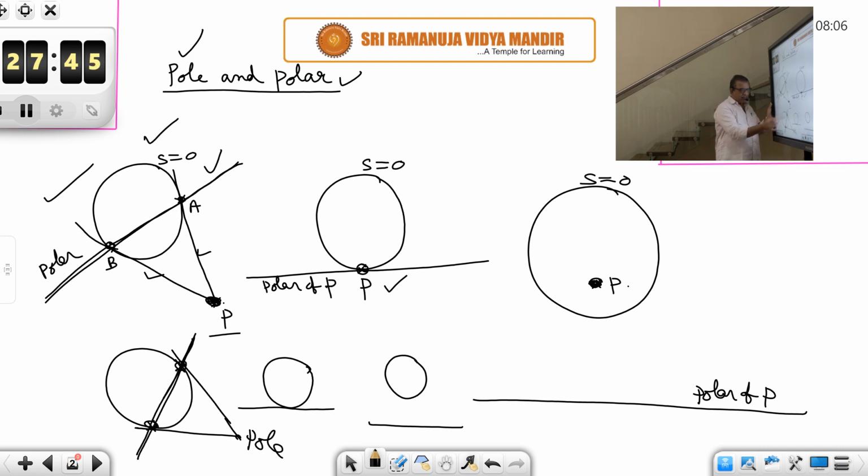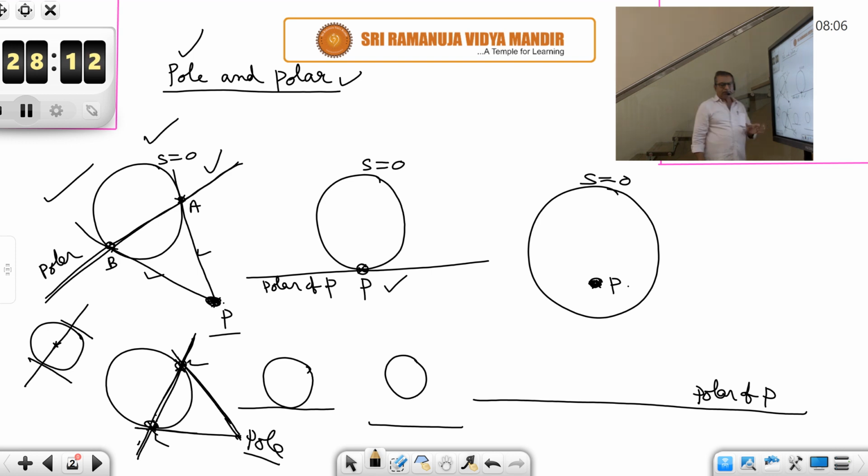So if a line intersects a circle, at the points of intersection, if you draw 2 tangents, their point of intersection is its pole. But of course, among intersecting lines, some lines have no poles. What are they? They are the diameters of the circle. A diameter also intersects the circle in 2 points, but at the end points, if you draw tangents, they will be parallel, they will not intersect, so there is no pole.